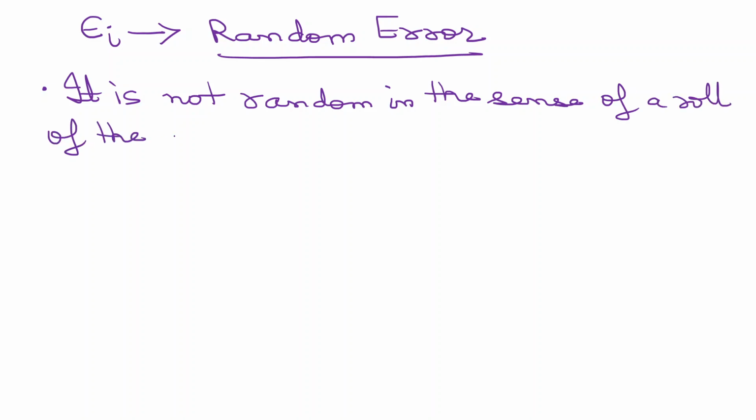When we say random, it could mean that if I throw a dice, any number can come. But here we are calling it random because we don't know what its value is for any individual observation. For example, genetics is not random because it came from that person's mother and father. But since we do not know that person's genetics, for us, we are treating it as random.